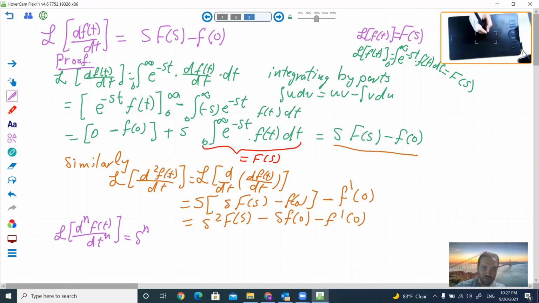The second derivative, we ended up with s squared times f of s. So the nth derivative will be s to the power n f of s minus s to the power n minus 1 f of 0. Take care here: s to the power n minus 1, and the n in our first case was 0, so s to the power 0 equals 1 times f of 0.